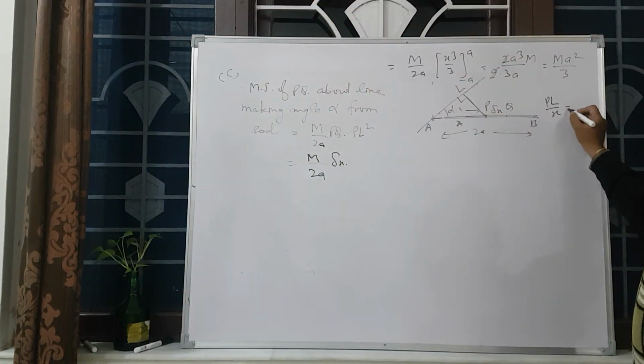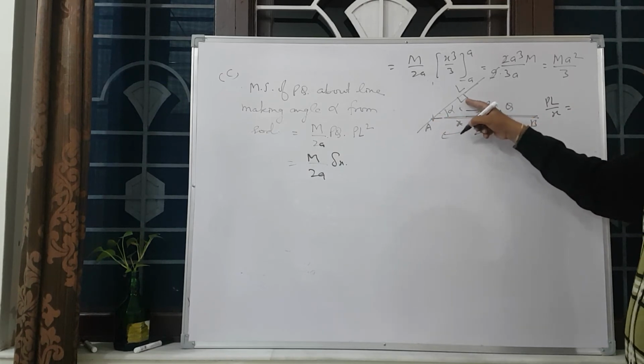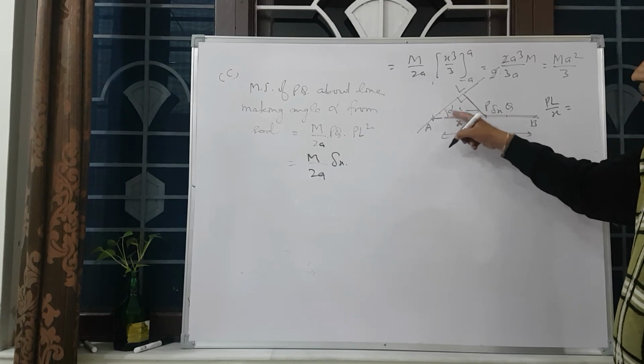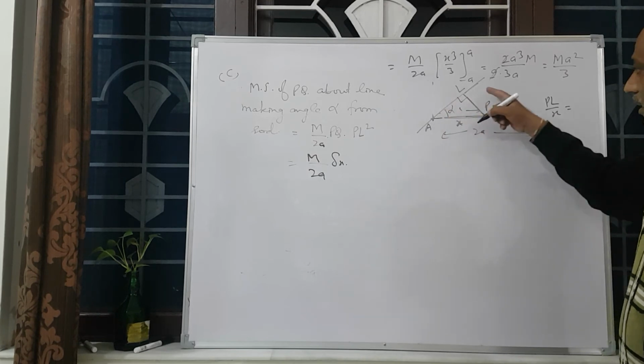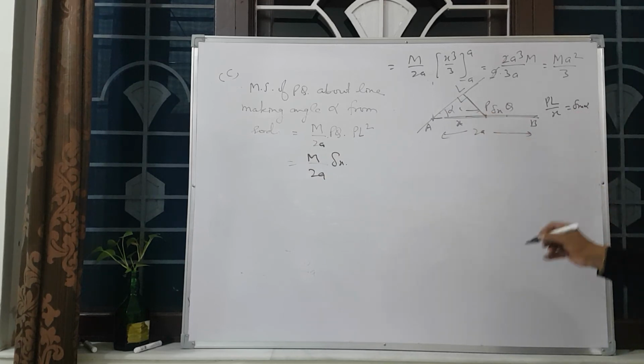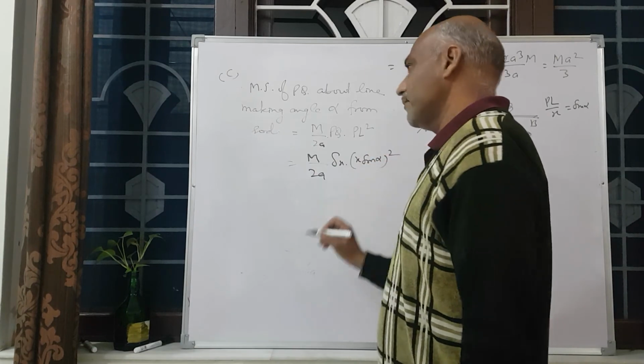PL upon x, means AP. Wait, this is 90 degrees, this is the angle alpha, this is the perpendicular, this is the base, and this is the hypotenuse. Perpendicular upon hypotenuse means sine alpha. So PL equals x sine alpha, so PL square is x sine alpha whole square.